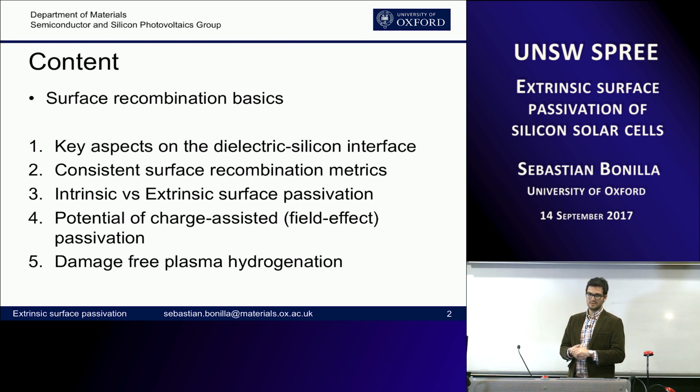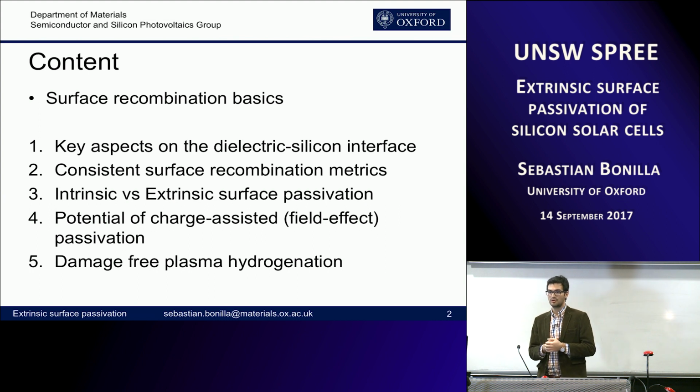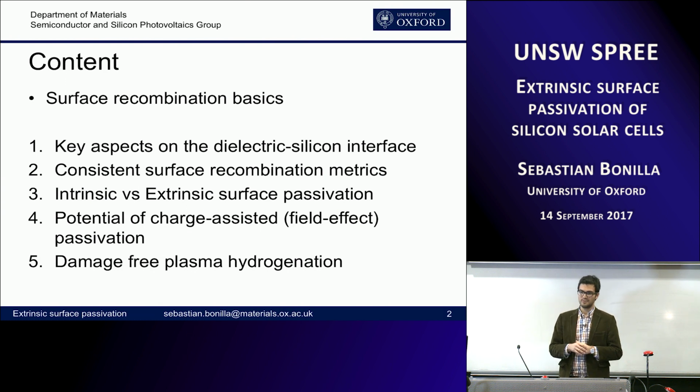And then I'm going to go into the main part of the talk, which is this difference between intrinsic and extrinsic passivation methods for the surface of silicon. I'll talk about the potential of the main topic that I work on, which is charge-assisted field effect passivation. And then I'll touch briefly on point 5 there, which is the work of my colleagues at Oxford, which has to do with hydrogen in silicon and how to introduce hydrogen without any damage.